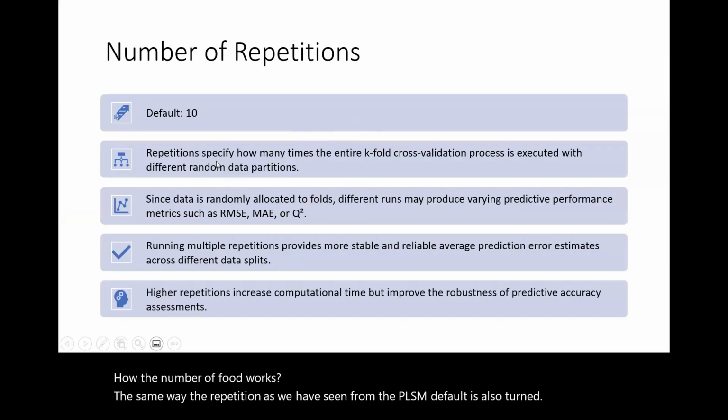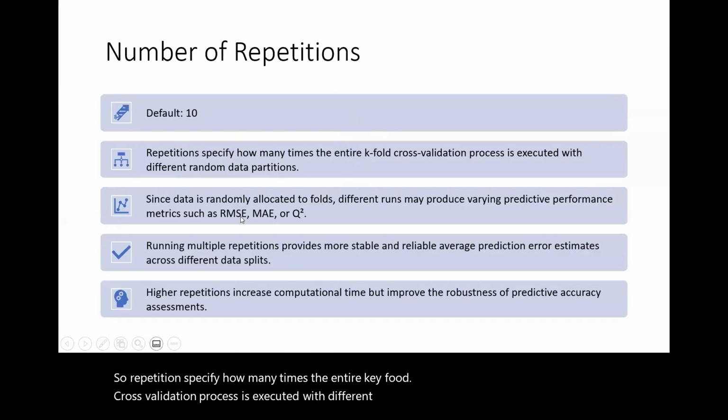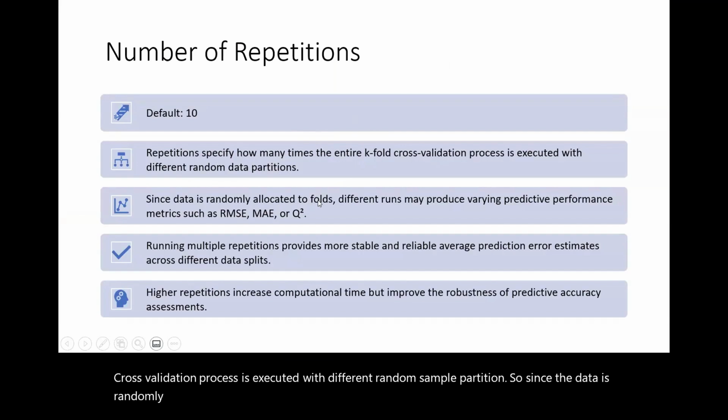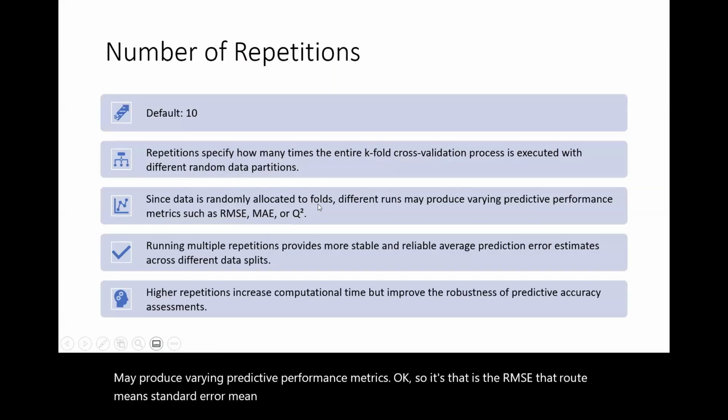So repetition specifies how many times the entire K-fold cross-validation process is executed with different random sample partitions. Since the data is randomly allocated to folds or segments, different runs may produce varying predictive performance metrics, that is the RMSE, root mean square error, mean absolute error, and then we have what we call the Q square.